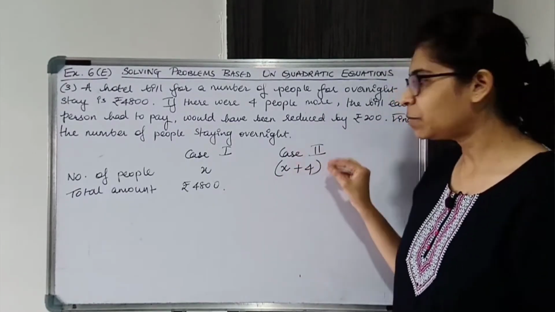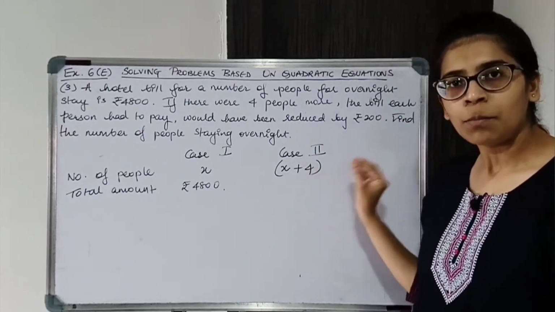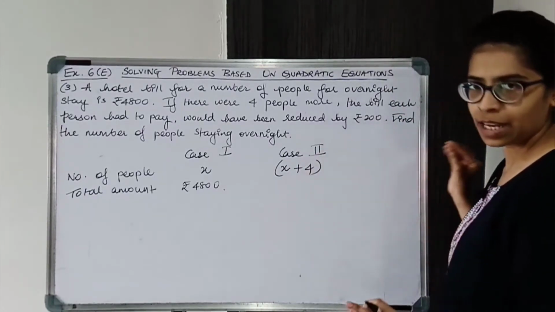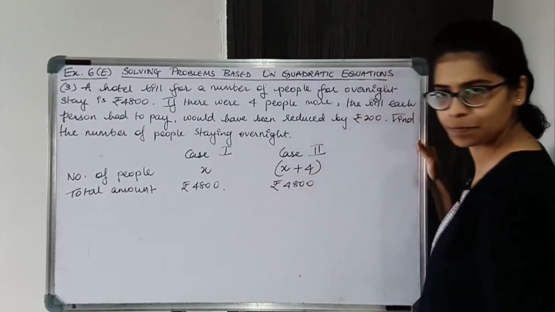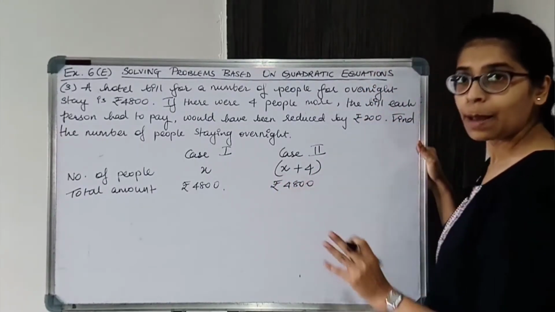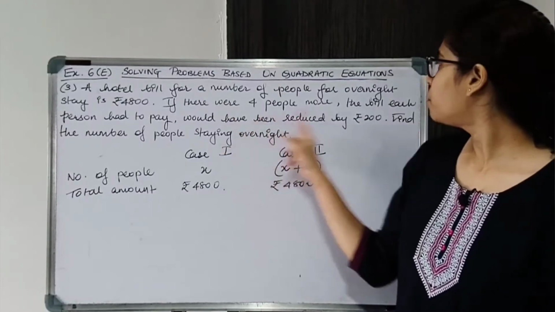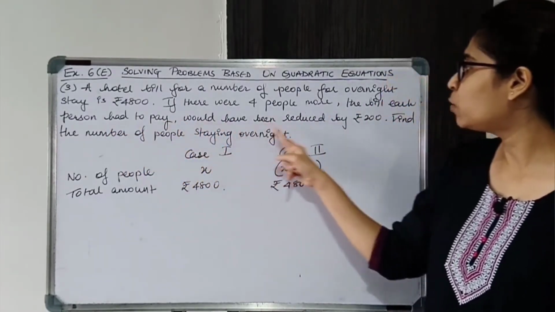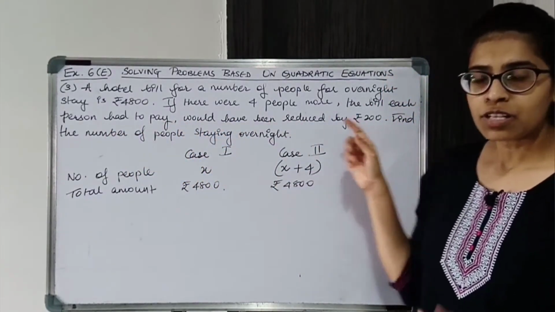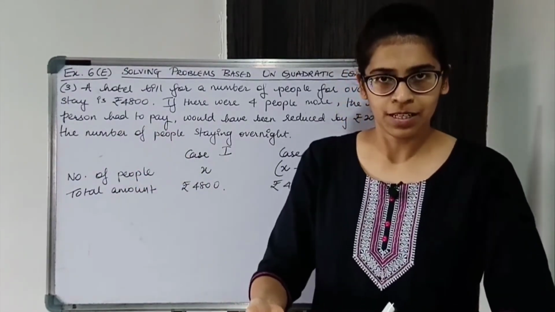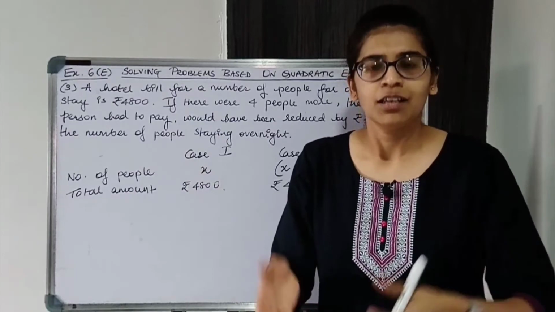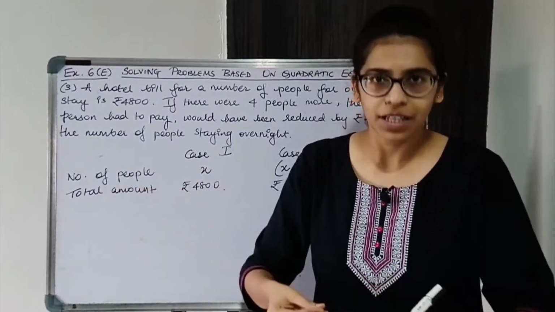Even if the people increase, the total hotel bill is 4,800 only. But the bill each person had to pay would have been reduced because if more people contribute the money, obviously हर एक को कम पैसा देना पड़ेगा.